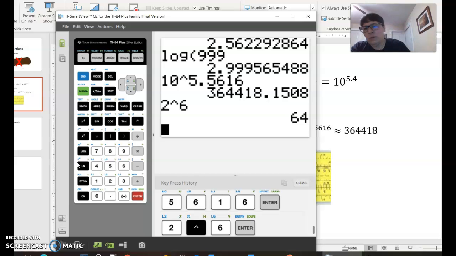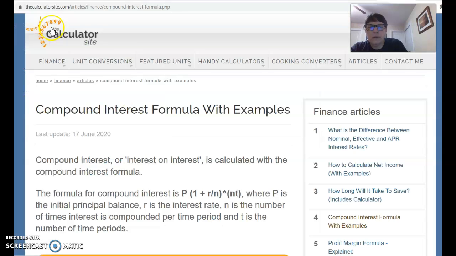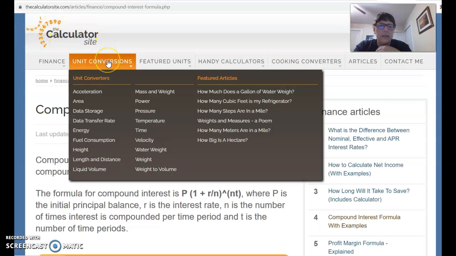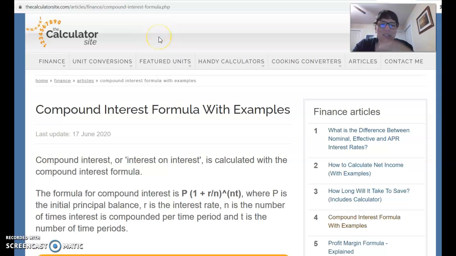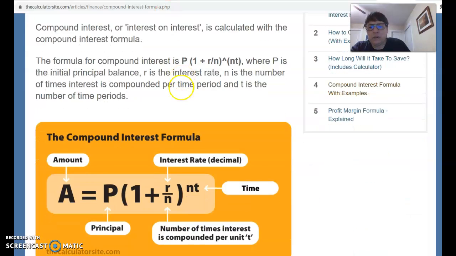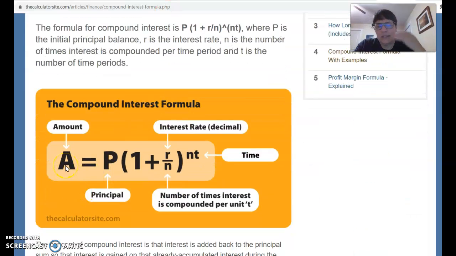But let me show you a website. Okay, the calculator site, whoa, can do the unit conversion and all that. But it has this really nice formula right here, that the amount, remember we're talking the total amount that you paid on your student loan, depended on how much you took out, what the interest rate was, how long you were going to have the loan for, and then the number of times interest is compounded.